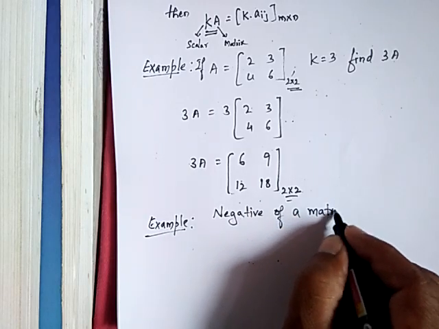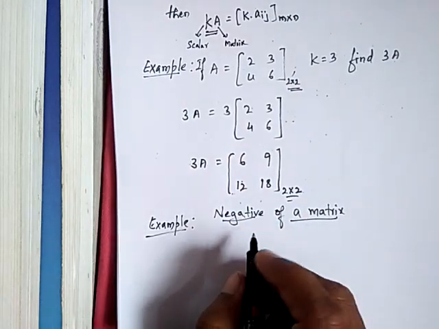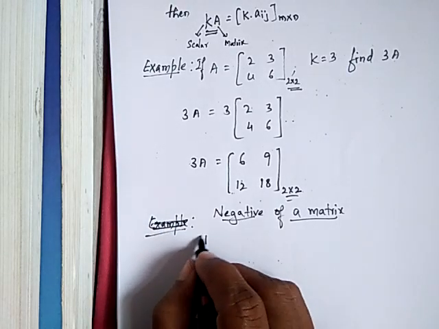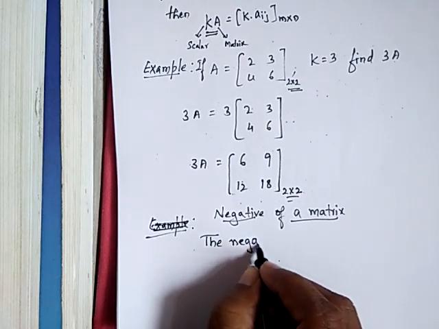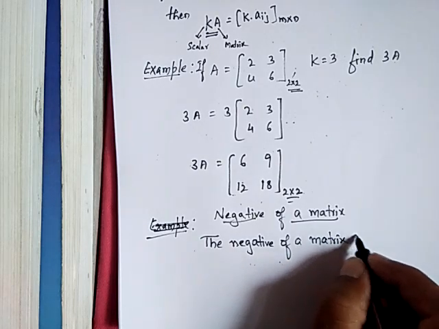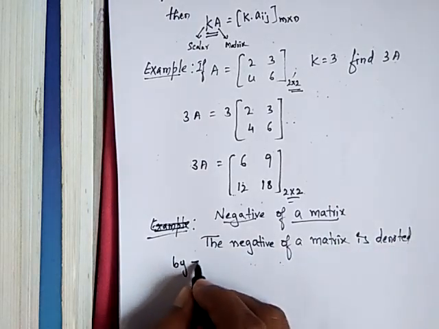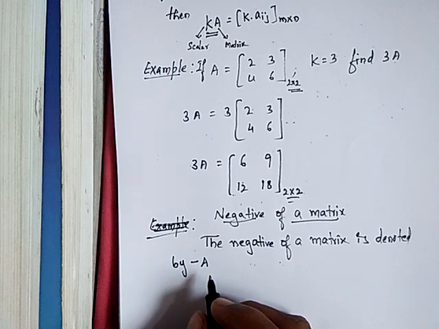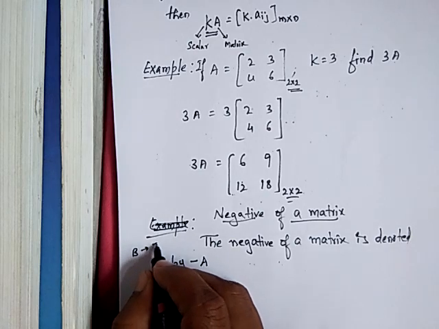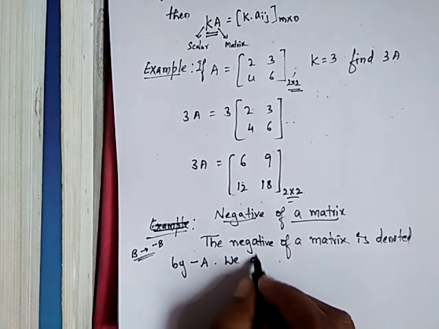The negative of a matrix is denoted by minus A. Suppose A is a matrix, it is denoted by minus A. If B is a matrix, it is denoted by minus B. Then how do we define it?